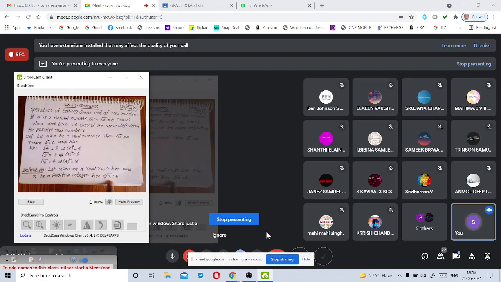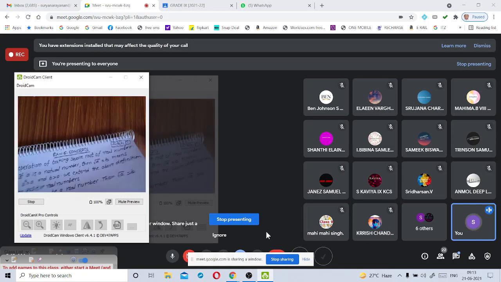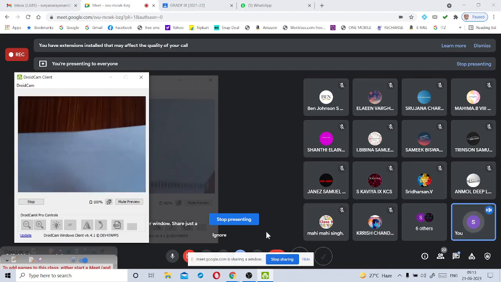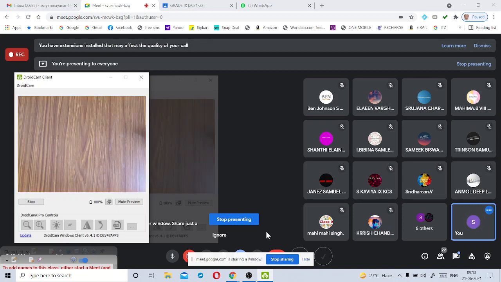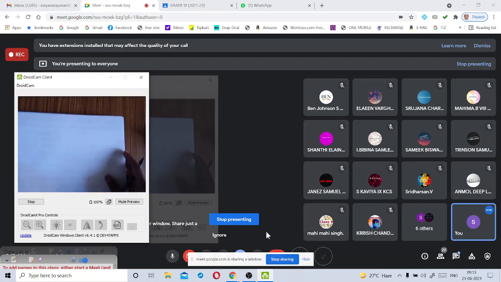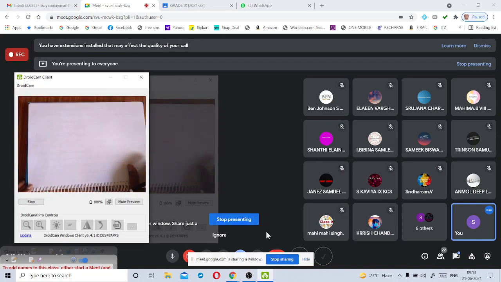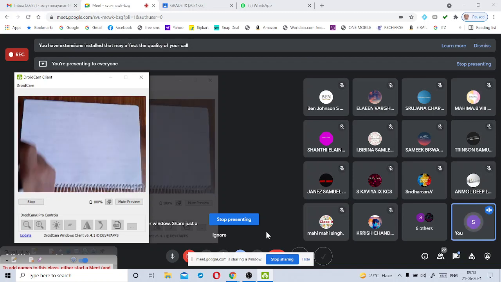Nth root of a is equal to b if b power n is equal to a and b greater than 0.